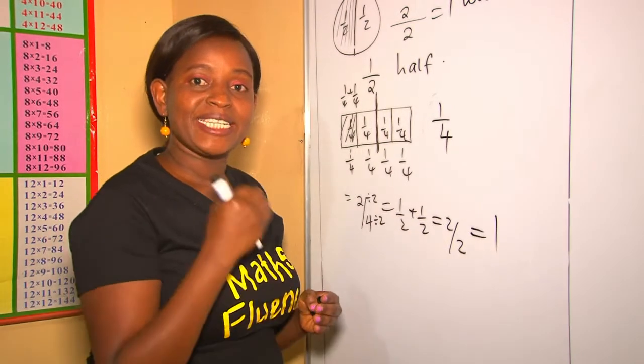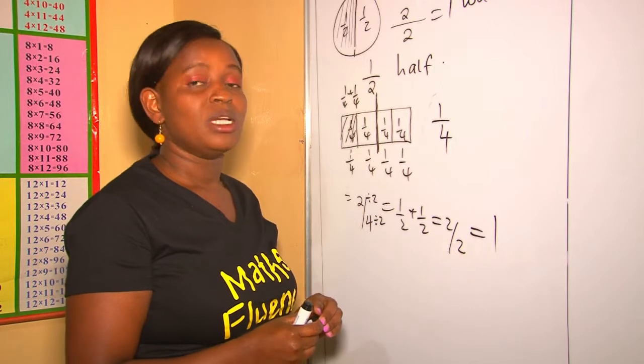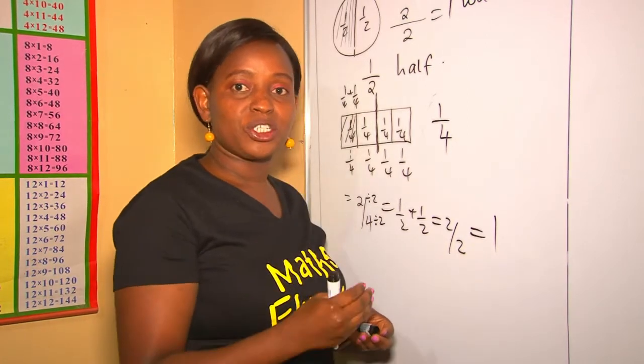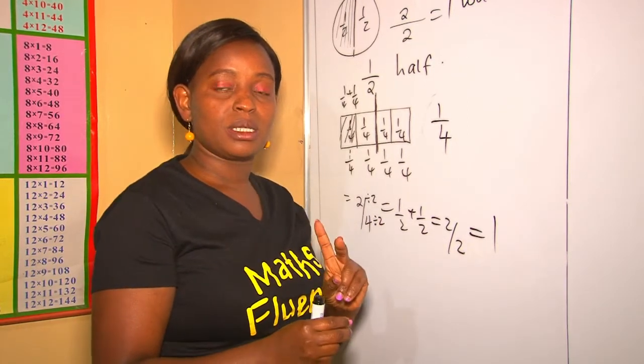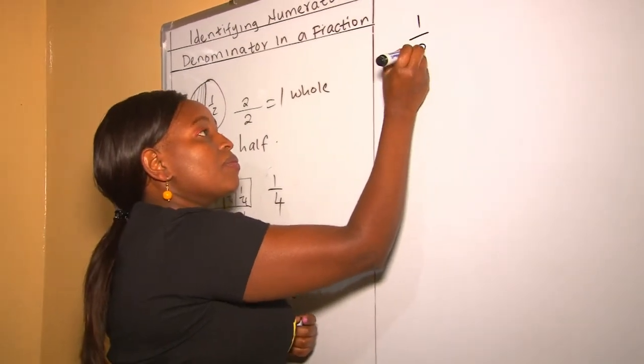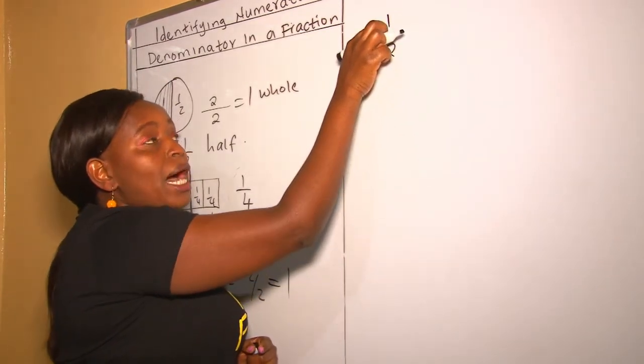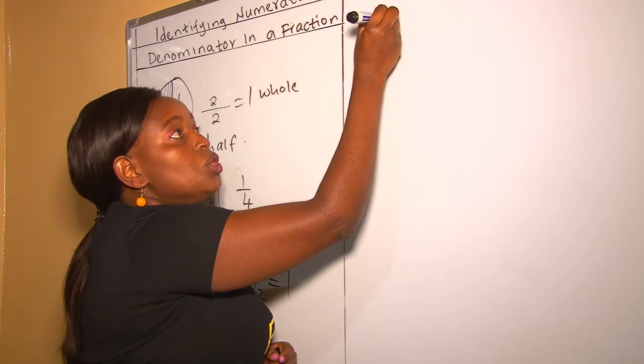Let's now identify numerators and denominators in a fraction. A fraction is made of 2 numbers. One of the numbers is at the top, as you can see. The other number here is at the bottom. So the upper number here is what we call the numerator.